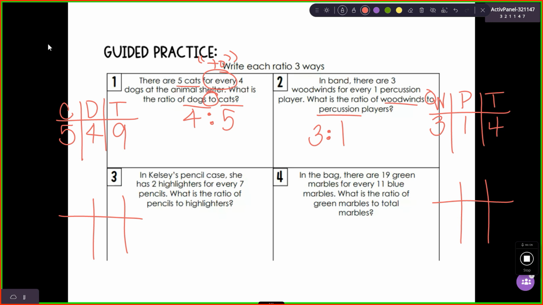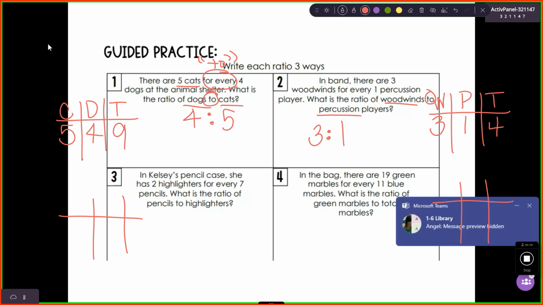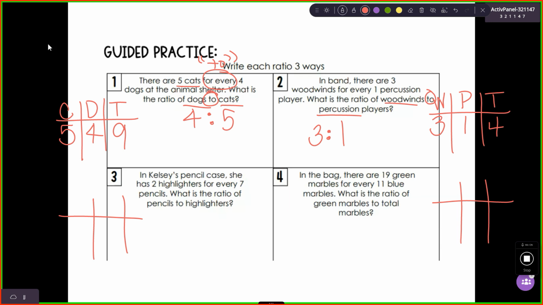Now, does anybody want to point out something that I forgot to do? What should I be doing? The 2 other steps, okay, 2 other ways to write it, correct? Did anybody forget that like me? Okay, good. So what do I need to come back and do to 4 to 5? Make it a fraction. What's the other way? As a word.